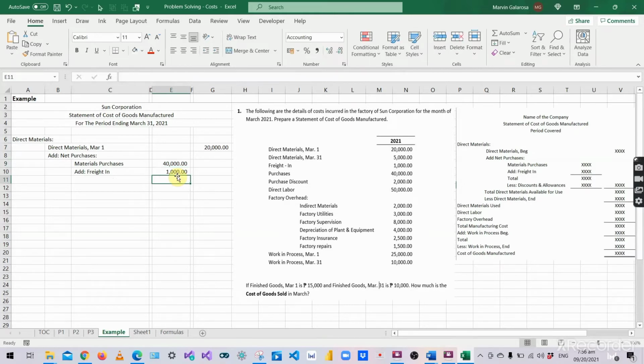If naalala nyo nung basic accounting nyo, itong freight, yan yung binabayaran nyo na charge para ma-deliver sa company yung goods. Meron pa nga yung dalawang terms, yung FOB shipping point, saka FOB destination.